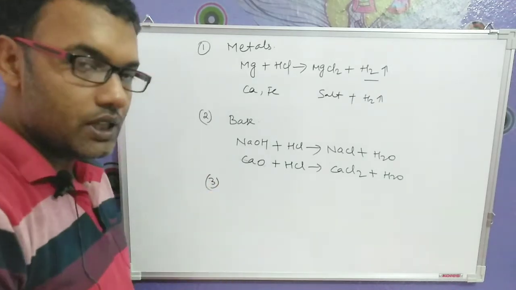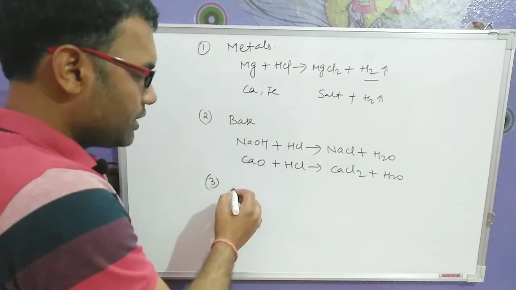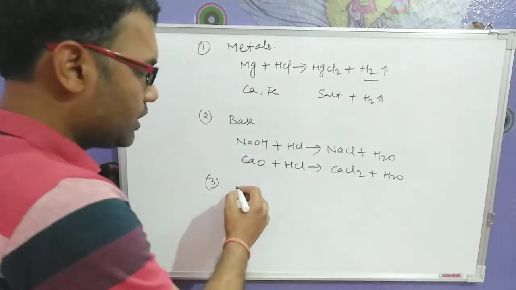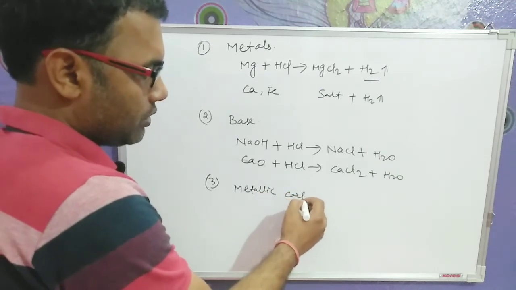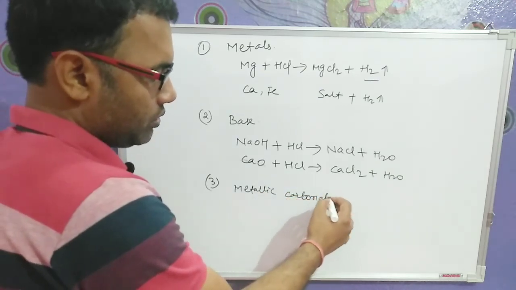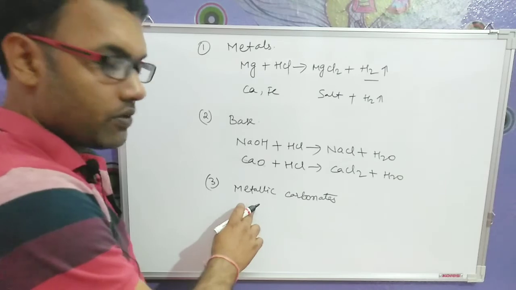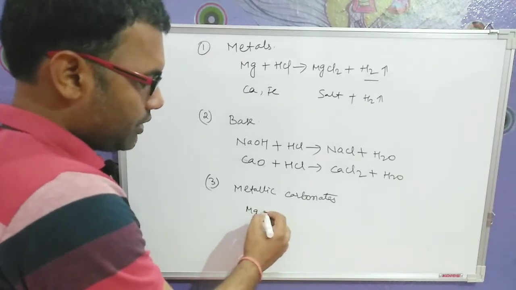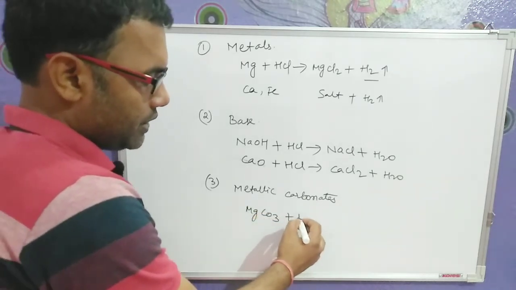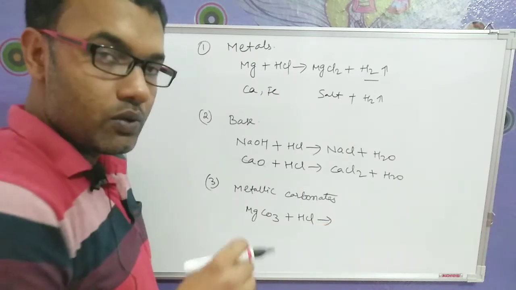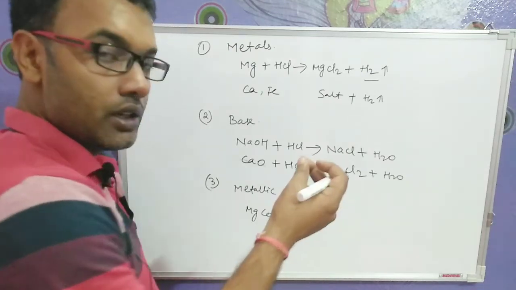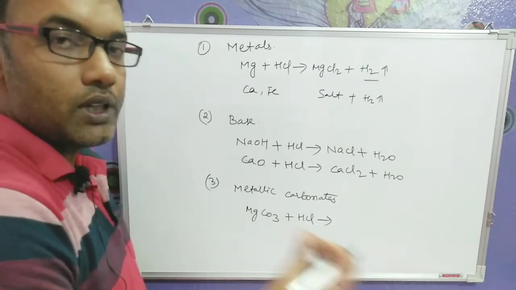The third point will be if HCl reacts with any of the metallic carbonates. Now see here, for example, if we take magnesium carbonate and make it react with HCl, what does this give? It will once again give you salt, water and carbon dioxide.